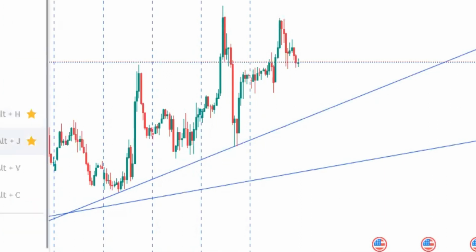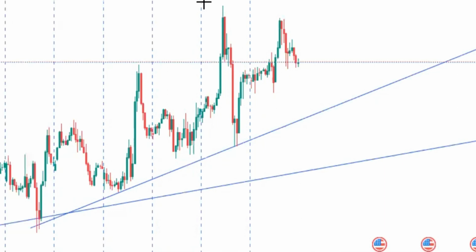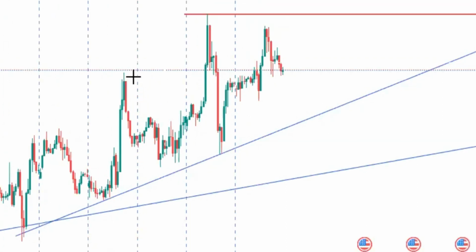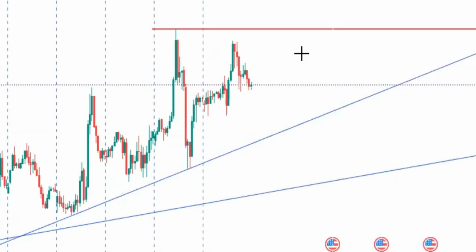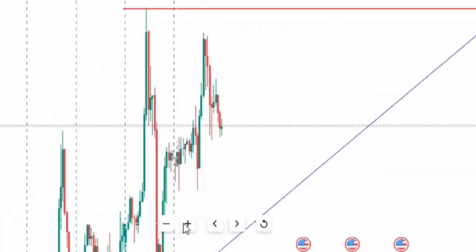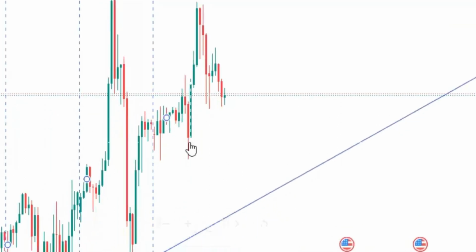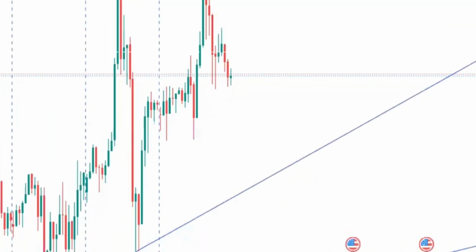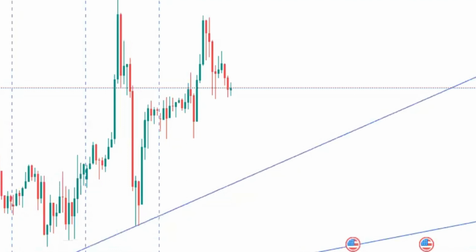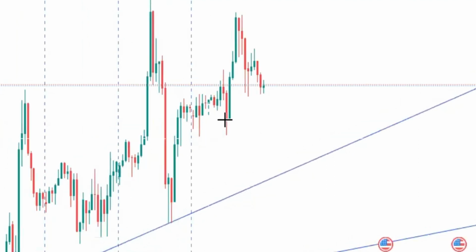This is what I'm talking about. This market fails to break this high on the 1 hour time frame. And the laws of market structure say that in an uptrend, that pattern of higher high, higher low should keep on moving until an equal high or a lower high is formed.